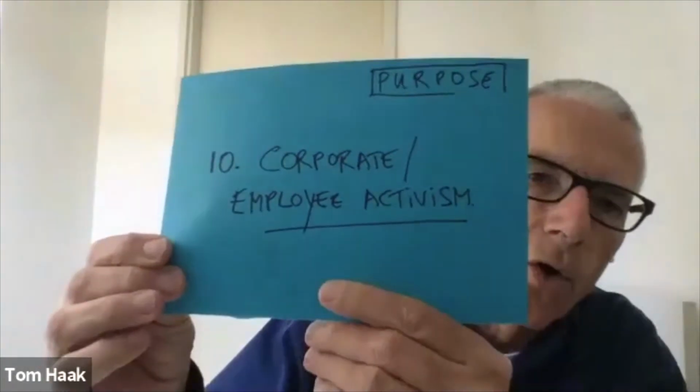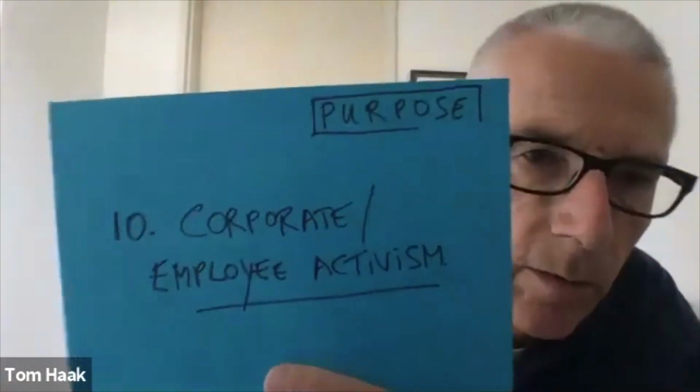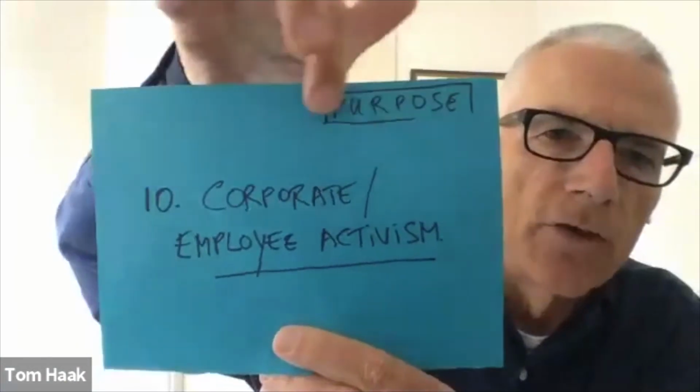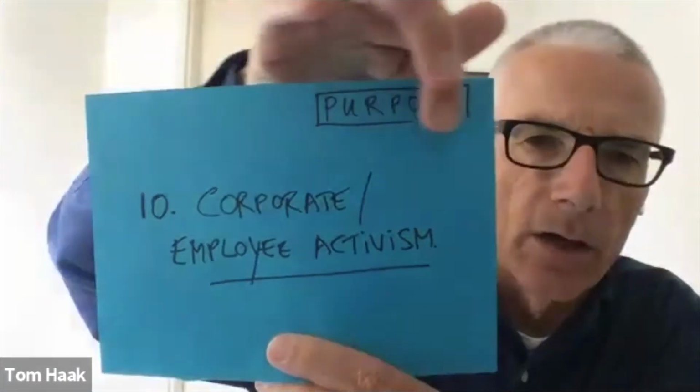And number 10, I promised you 10 in the matrix. Number 10, and I call it corporate employee activism. But it also has to do with purpose. It's more and more expected of organizations that they take their responsibility, also their responsibility in society.